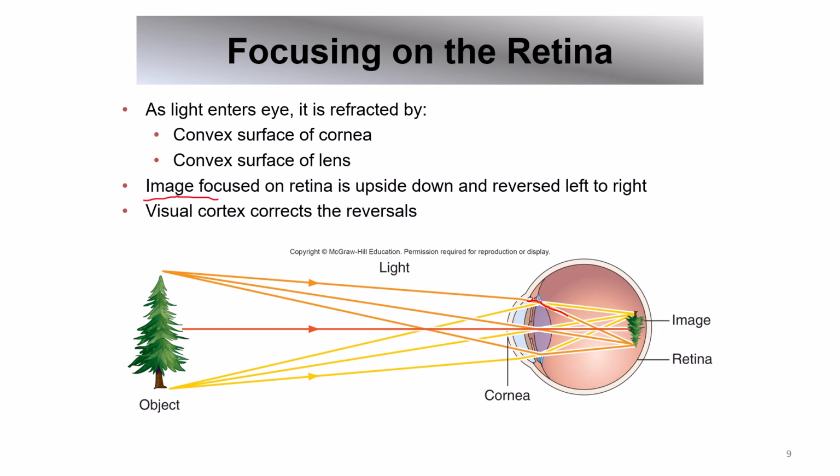Yeah, because of this refraction, so here we can put a star at the second bullet point. Image focused on the retina is upside down and also reversed left to right. Then this image is turned right side up in the visual cortex or the occipital lobe. Yeah, occipital lobe is going to turn it right side up.